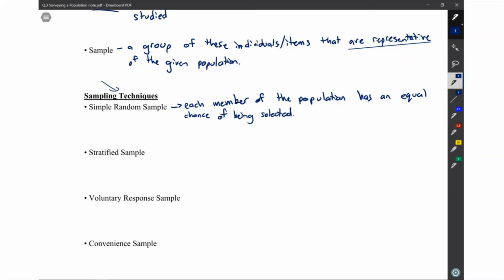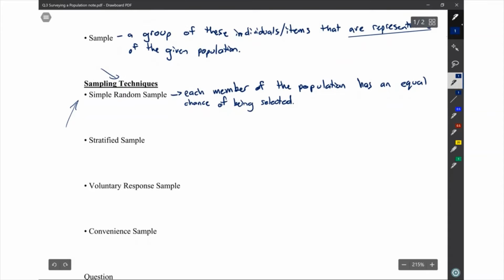In that case, you would be making sure that you had representatives of men and women, of youths and of the elderly, and of people from all over the country. This takes more work to execute when compared to a simple random sample, but it has its perks in that often it is more representative of the given population.